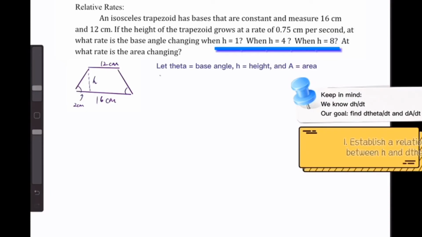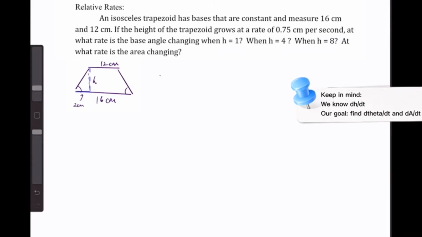Therefore, first we need to establish the relationship between h and d theta/dt. Let's look at the diagram on the left. Notice there's a triangle involving the base angle and the height. We also know the two sides of the triangle. Therefore, we can establish the relationship between the base angle and the height, which is tangent theta equals h over 2.